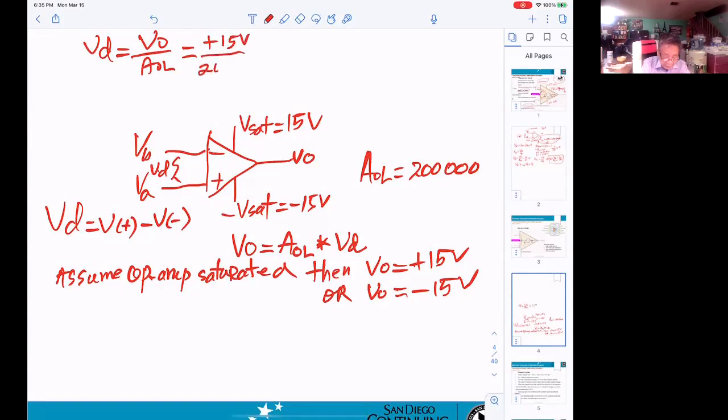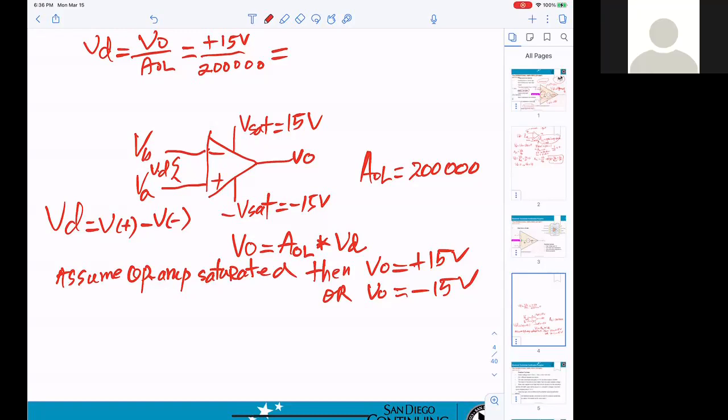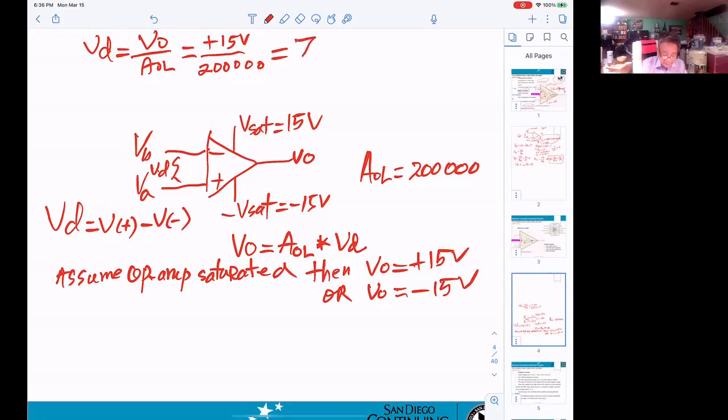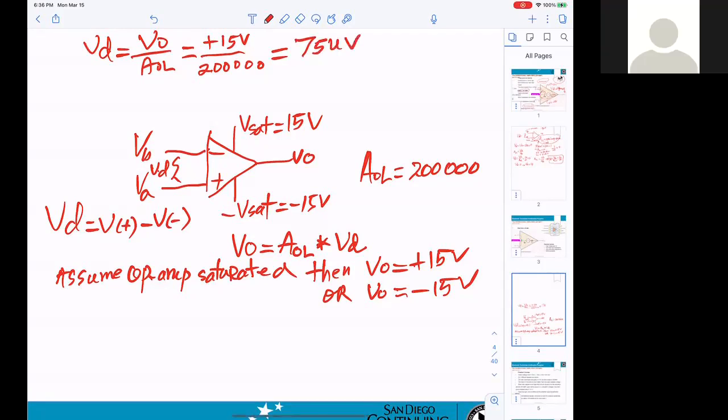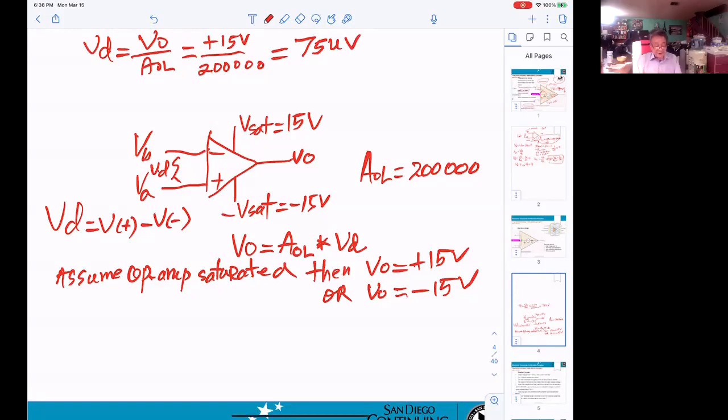Divide 200,000. What you get? 75 microvolts. 15 divide 200,000, 75, right? Yes, 75.